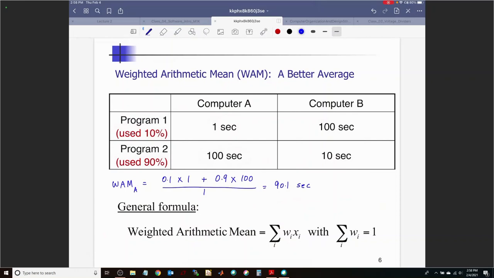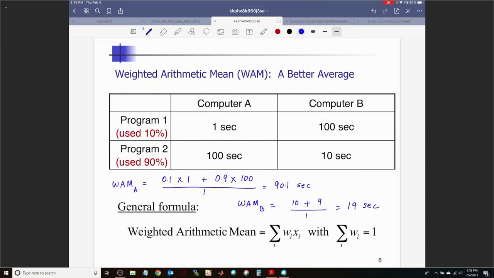Let's do that for computer B as well. The weighted arithmetic mean for computer B: 10% times 100 is 10, plus 90% times 10 is 9, divided by 1, so that comes out to be 19 seconds.